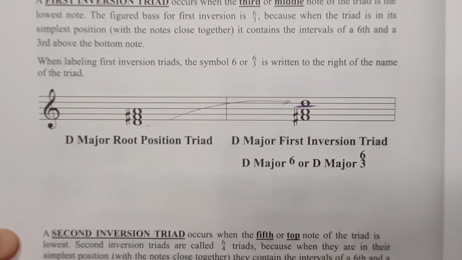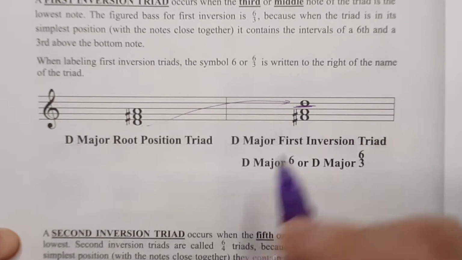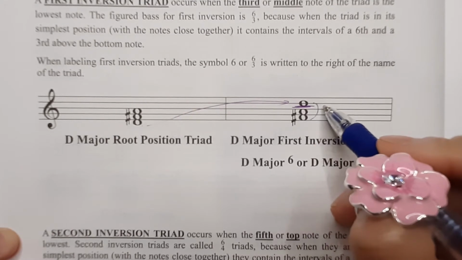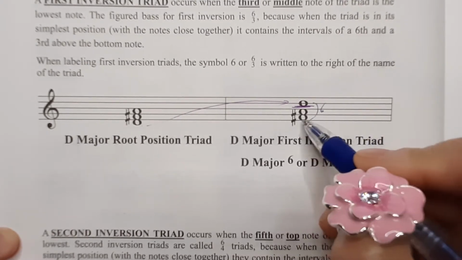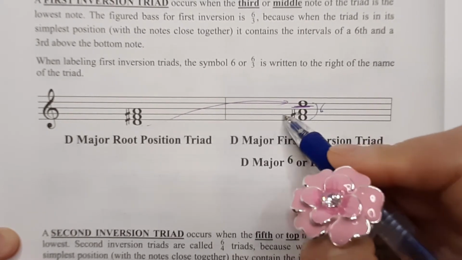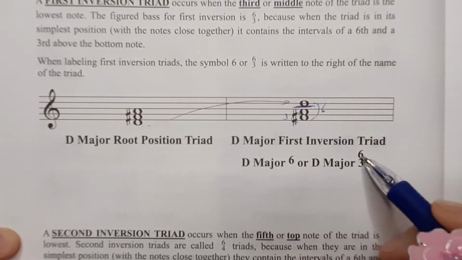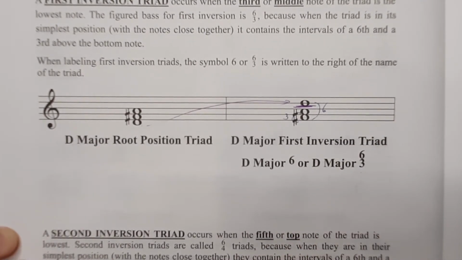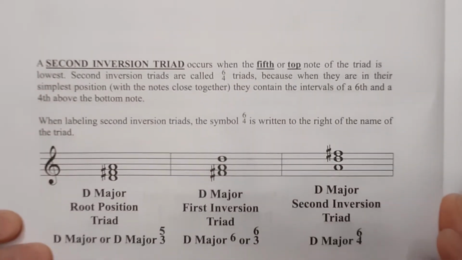You call this a first inversion because from the bottom to the top is an interval of 6, and from the bottom to the third is an interval of 3, so it's 6, 3, right? Or you can just write it as 6. That's a first inversion. And this is second inversion.